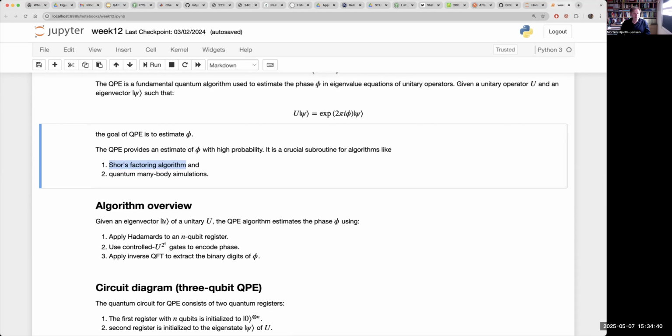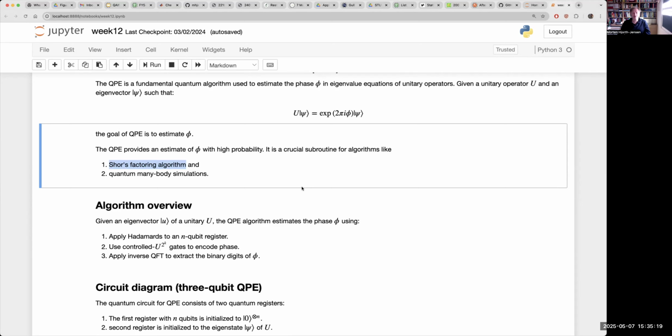We have an eigenvector of a unitary, and then the algorithm, through the application of Hadamards to an n-qubit register, uses controlled unitary transformation gates to encode the phase, and then we apply the inverse QFT to extract the binary digits. So the number of qubits is going to be proportional to the floating point binary representation of the phase phi. So the more qubits we have, the better the precision which we are going to get for the specific phase.